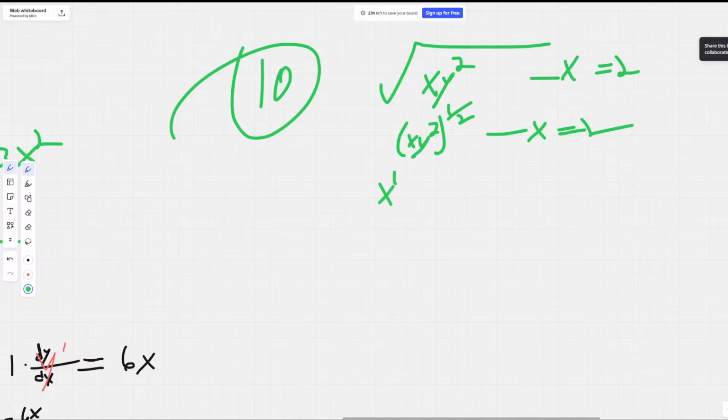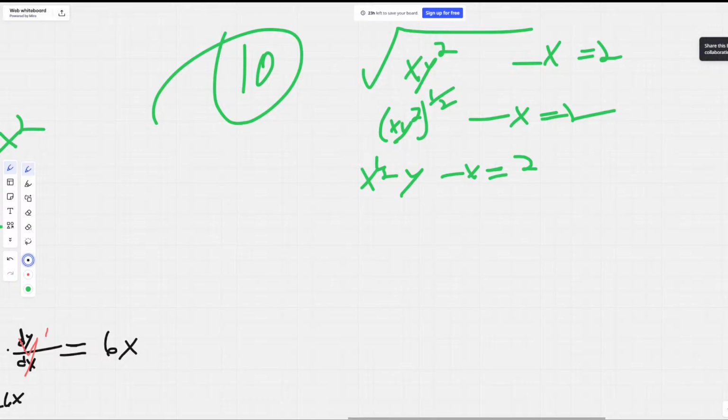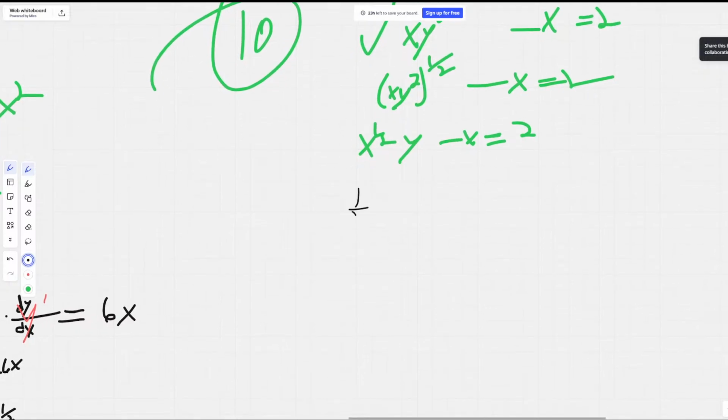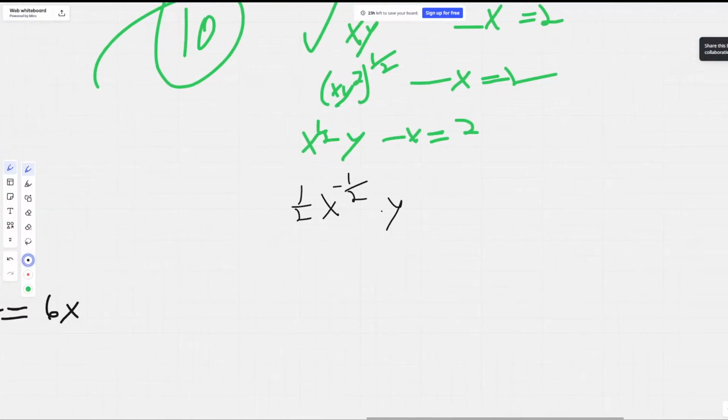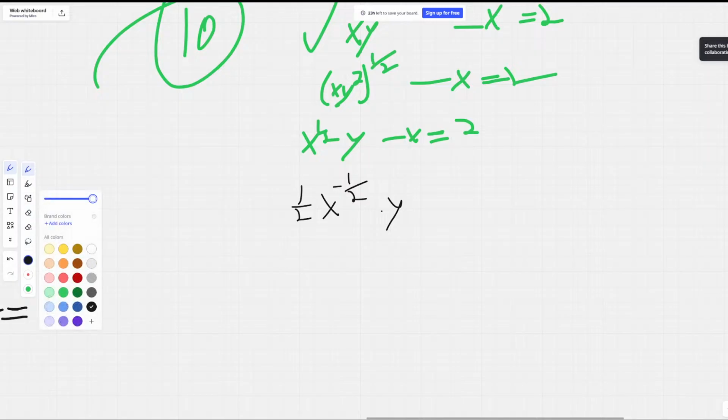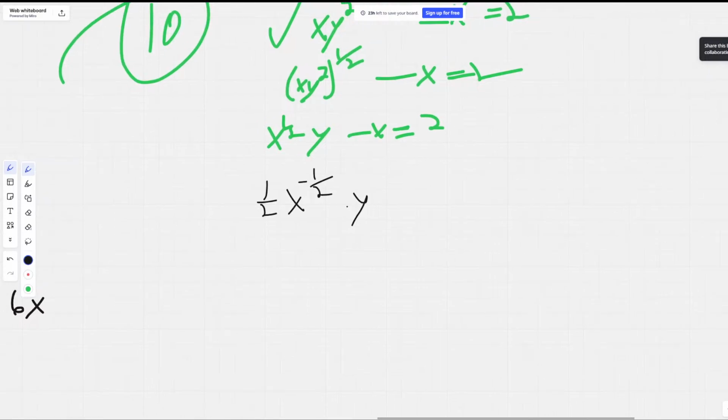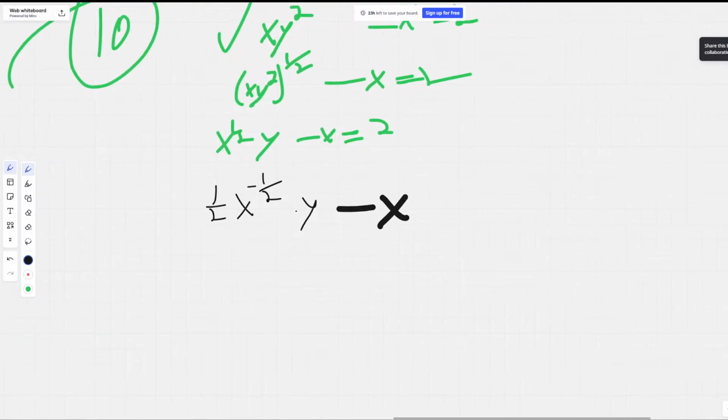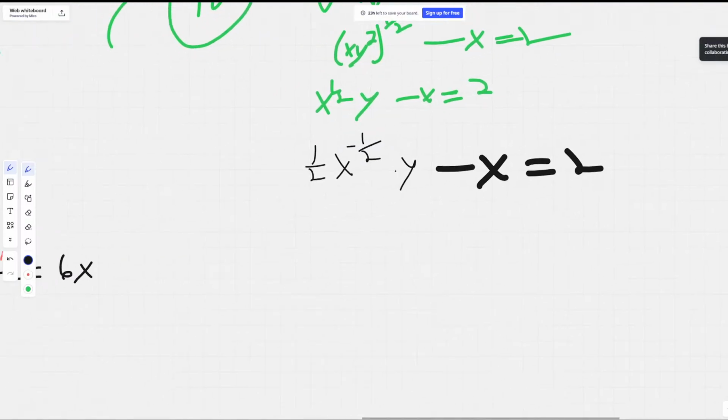Rewriting it all out, x^1/2 y minus x equals 2. Perfect. Thus, let's begin. 1/2 x^-1/2 times y, let's do this, times y minus x equals 2.